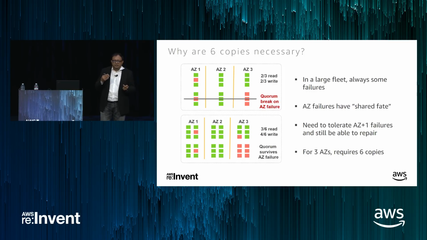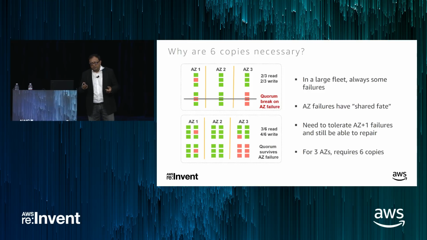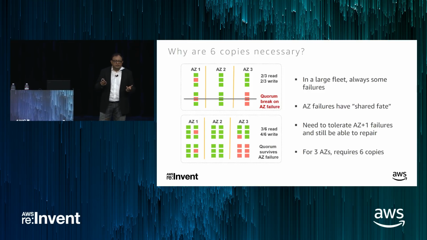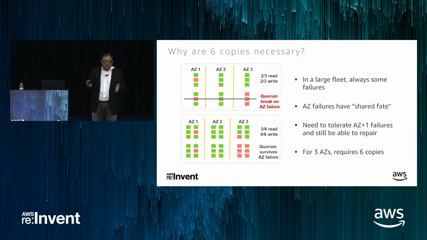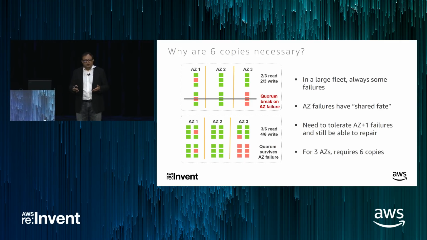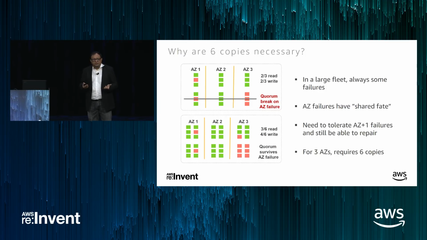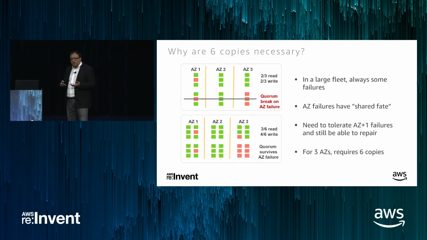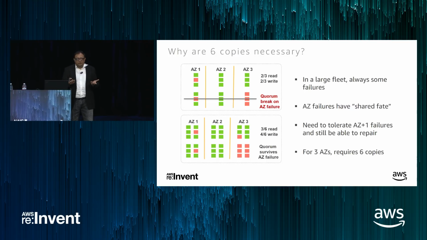Now, the problem is that AZ failures, availability zone failures, have shared fate. If you lose an AZ, you will have a quorum break on each and every quorum. And so the ones where you've got a red break up there, that breaks the quorum. And if that's a long-term destructive failure, you're lost.